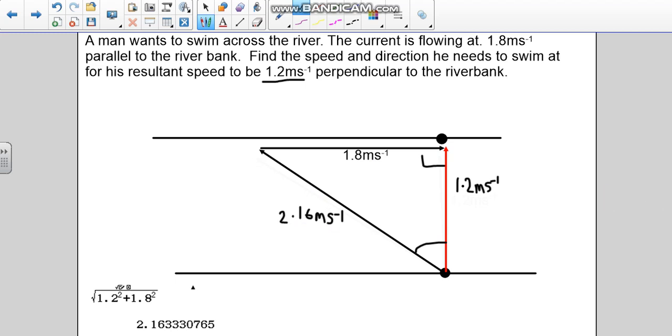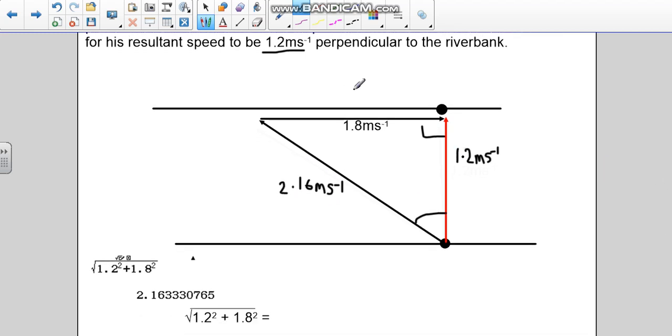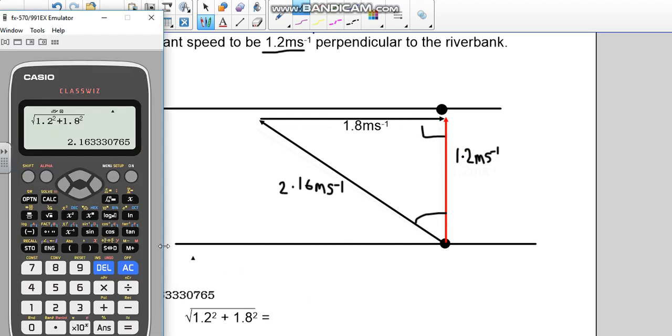This is my opposite, this is my adjacent, so I'm going to do inverse tan of 1.8 over 1.2. So shift tan, 1.8 over 1.2, close the bracket, and we get that the angle is 56.3.